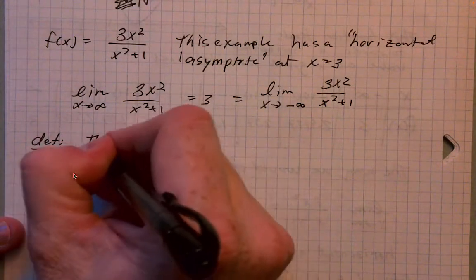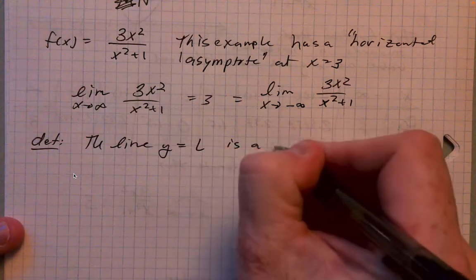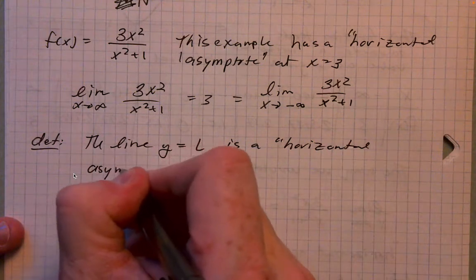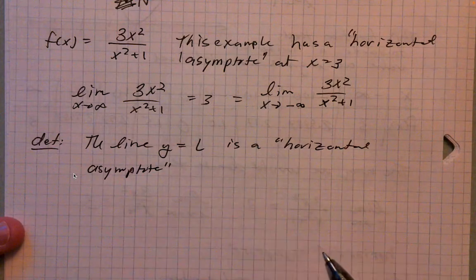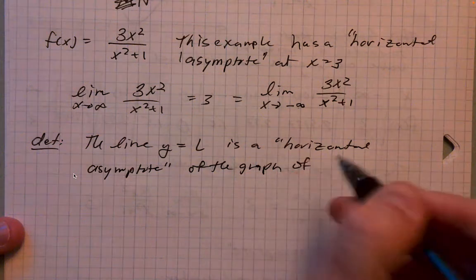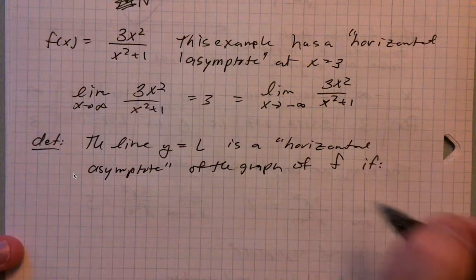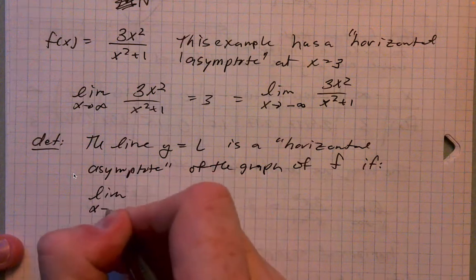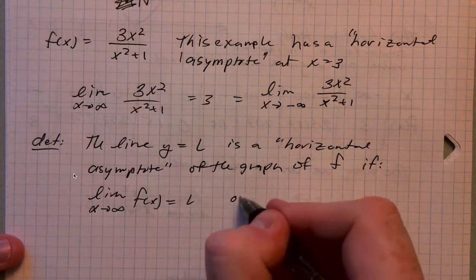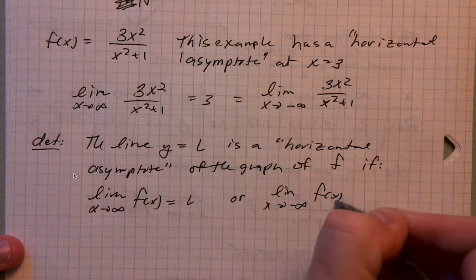So the line y equals L is a horizontal asymptote of the graph of f if the limit as x approaches infinity of f of x equals L, or the limit as x approaches negative infinity of f of x equals L. Right?